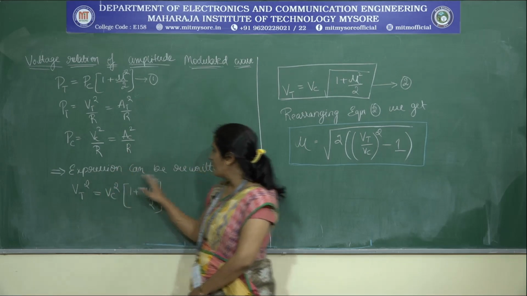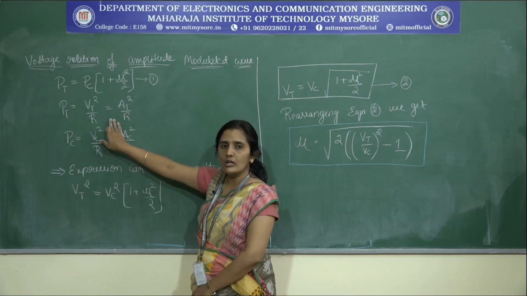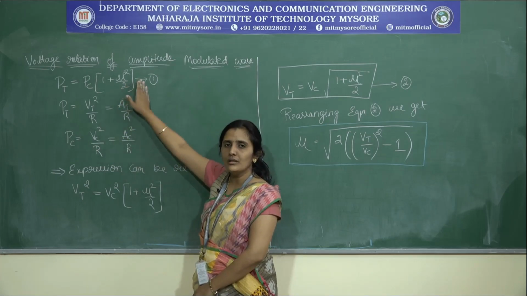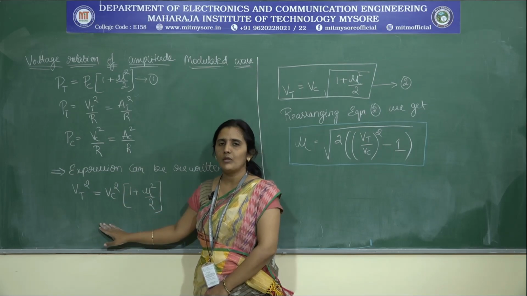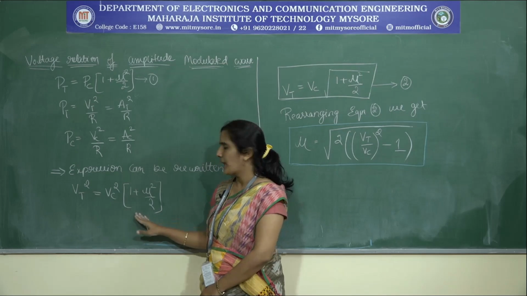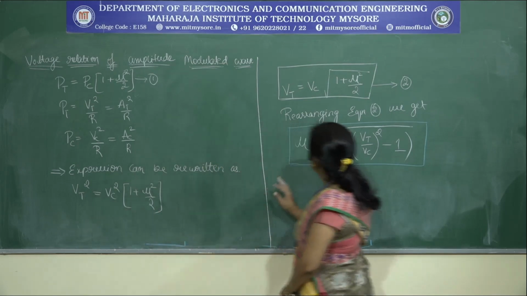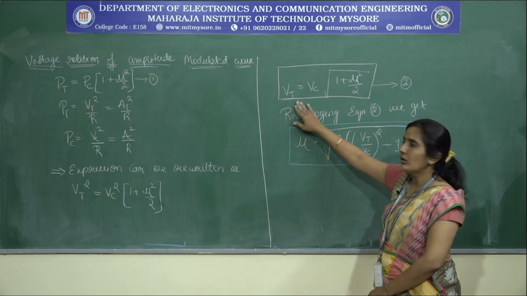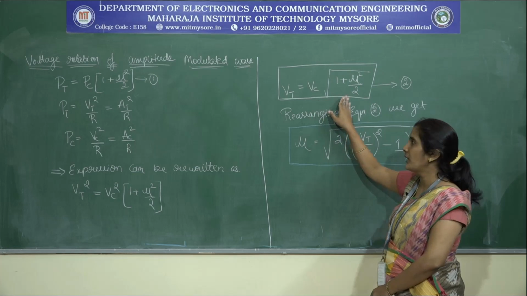Now the expression can be rewritten by substituting all the P of t and P of c into the given equation, and we get V of t whole square equal to V of c whole square into 1 plus mu square divided by 2. Now V of t is equal to Vc into the square root of 1 plus mu square divided by 2.